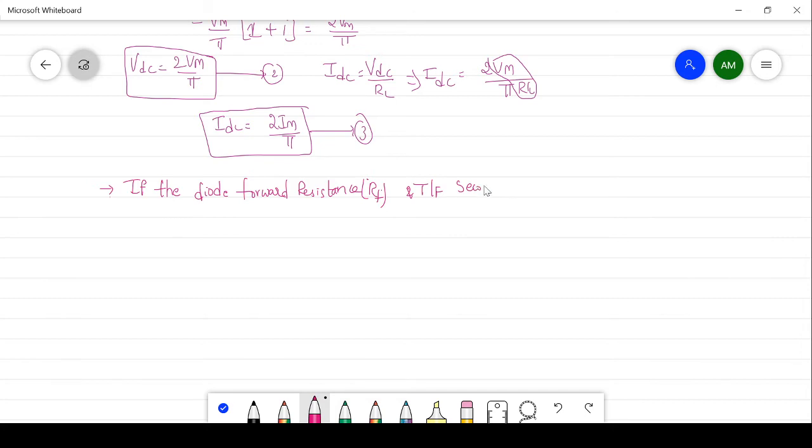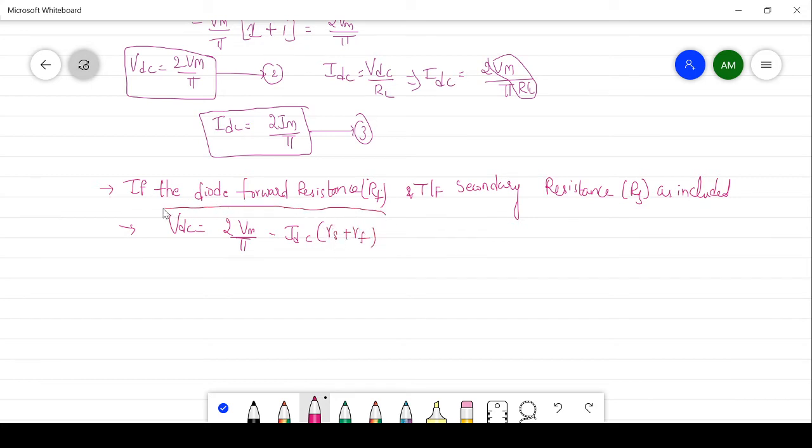If they are included, then this Vdc is 2 Vm by pi minus Idc into RS plus RF. This is the Vdc when we consider the diode forward resistance and the transformer secondary resistance, equation 4.